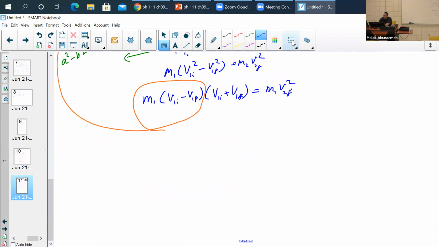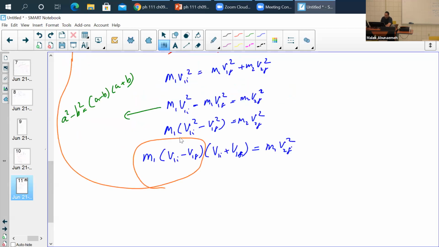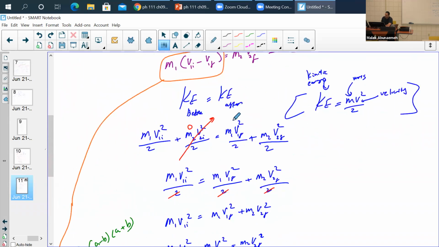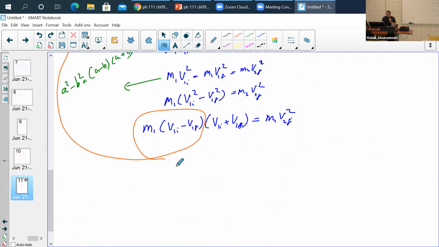So what we would have is M2 V2 final multiplied by V1 initial plus V1 final is going to equal M2 V2 final squared.